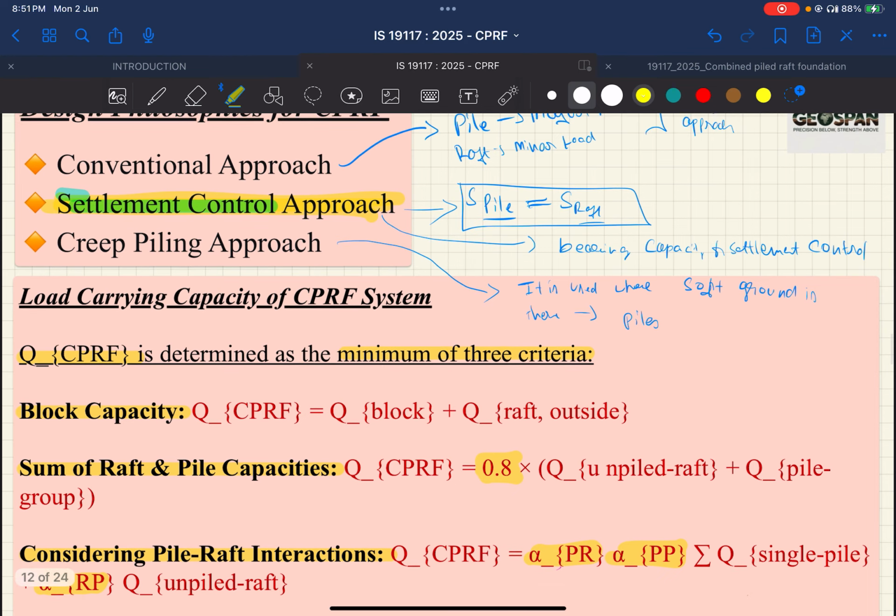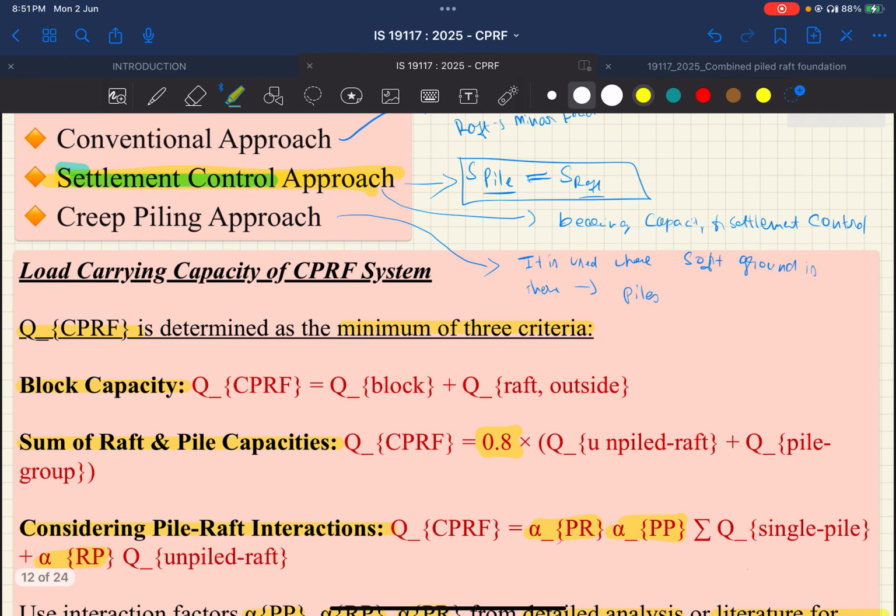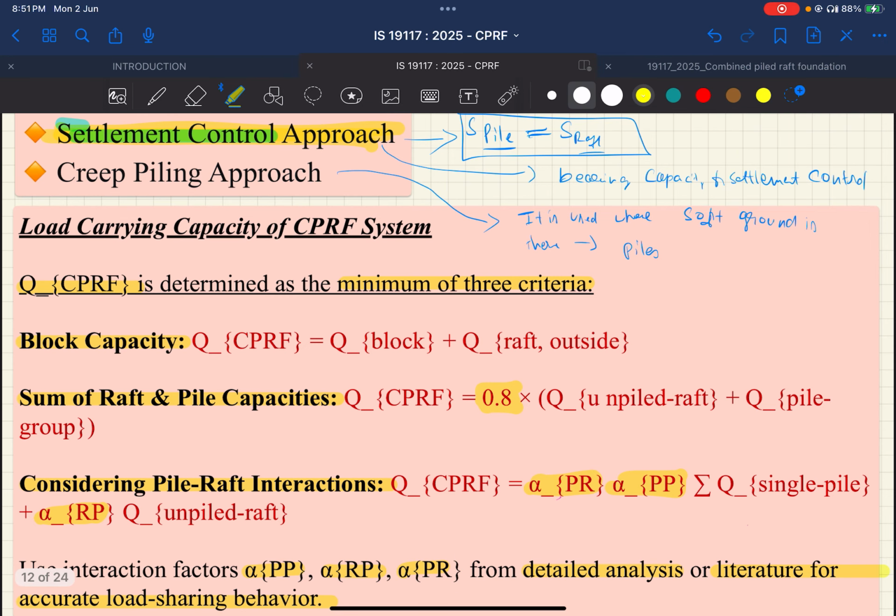Now, let's get into the load carrying capacity of CPRF systems. The ultimate vertical capacity of CPRF system is determined by considering the combined contribution of both the raft and the piles, as well as the interaction between them. According to the standard, the ultimate capacity QCPRF is taken as the least of these three criteria.